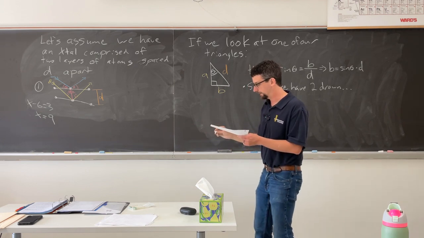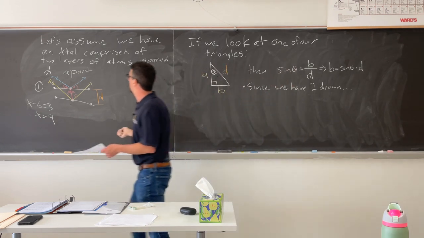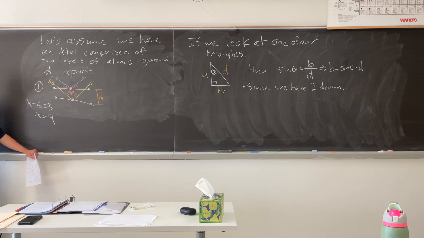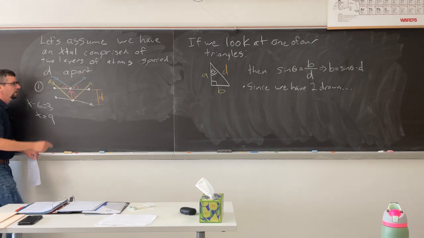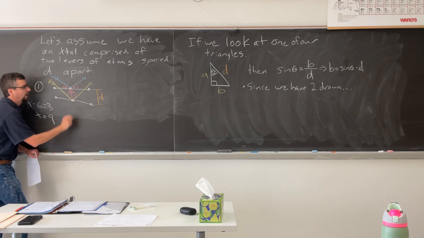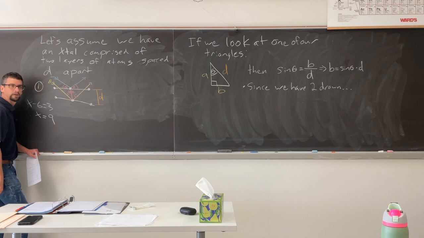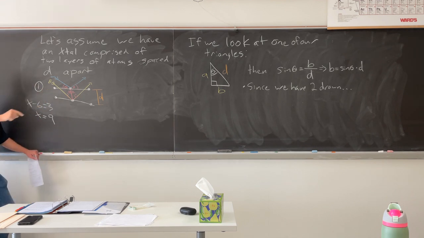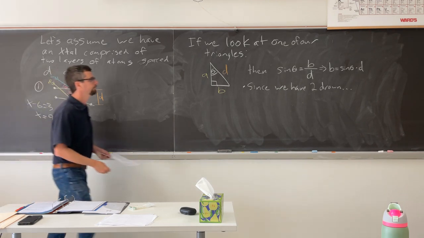Then the path length difference for these two guys. So how much further did B or beta travel in comparison to alpha? So here's D, right? It went an extra bit of spacing along here and an extra bit here to B. So that wave has traveled an extra 2B.